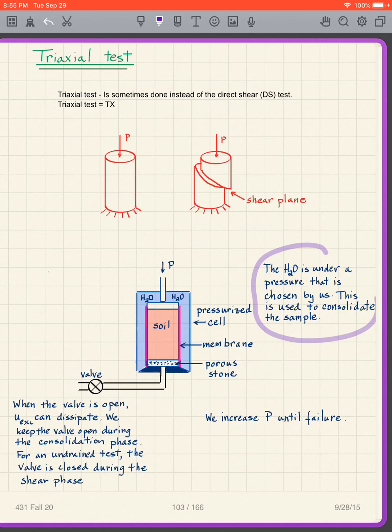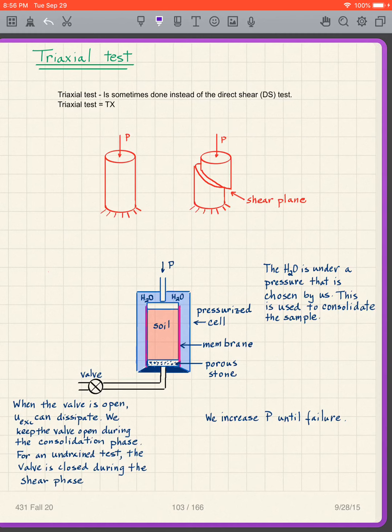The water is under a pressure that is chosen by us, and that pressure is going to impact the result of the test. We're going to use sigma cell for the cell pressure, and that plays an important role in our test results.